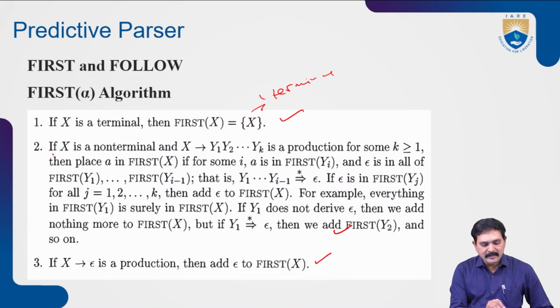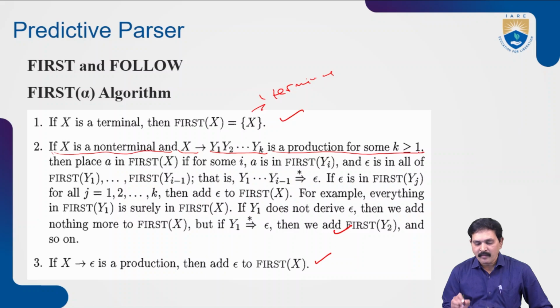Now the case where X is a non-terminal, so X may have derivations, because only for a non-terminal are there derivations. X implies y1, y2, and so on up to yk is a production for some k greater than or equal to 1. In that case, first of X is ultimately first of y1. So first of X becomes first of y1.